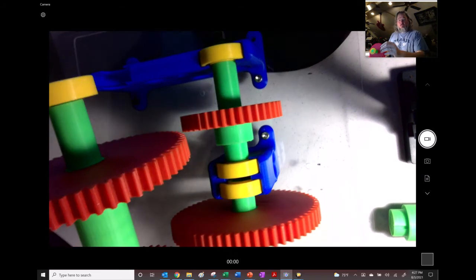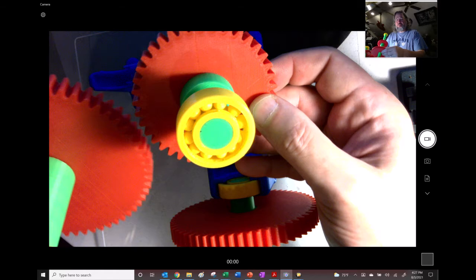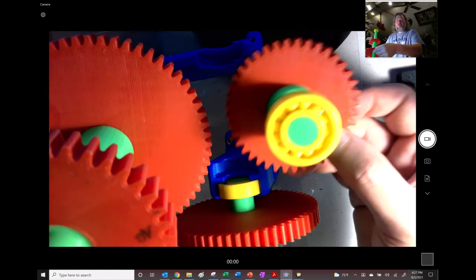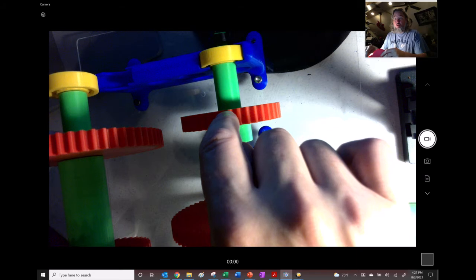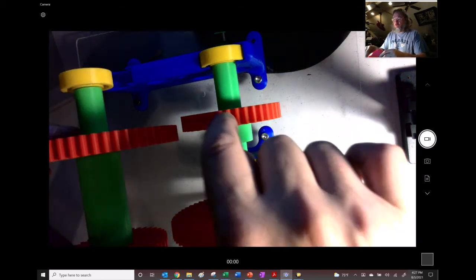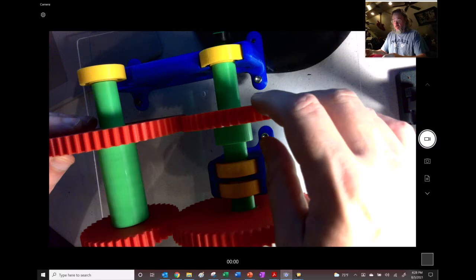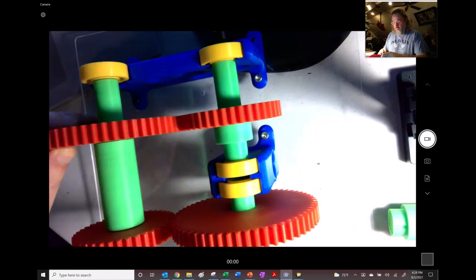There's this gear, which is larger than that gear. You can see that this one is small and that's large. When you have a small gear driving a large gear, the speed reduces. This one will move faster than that one. We could even prove that to ourselves, but we'll save that for another time.